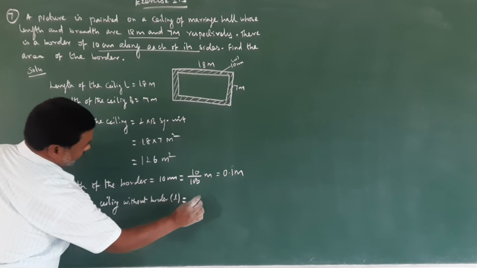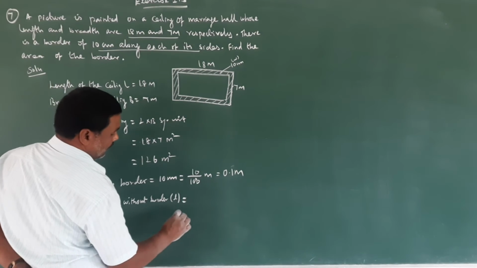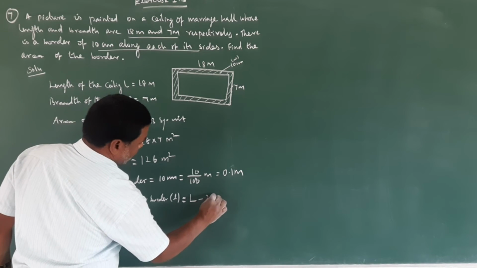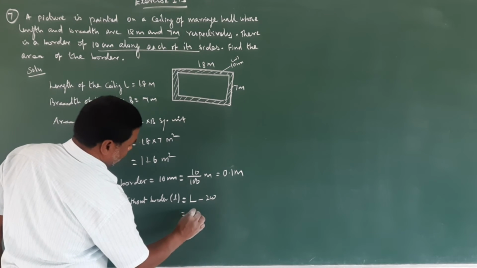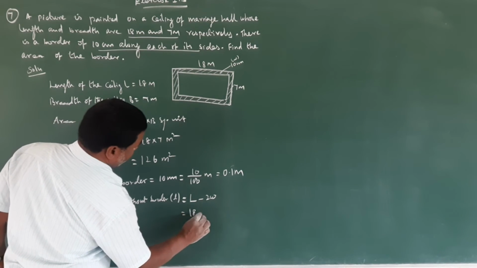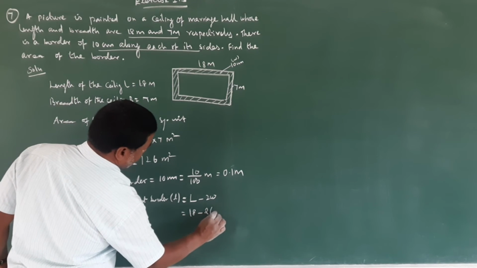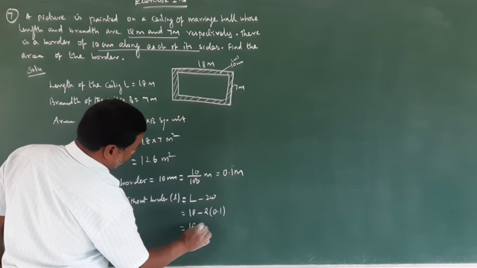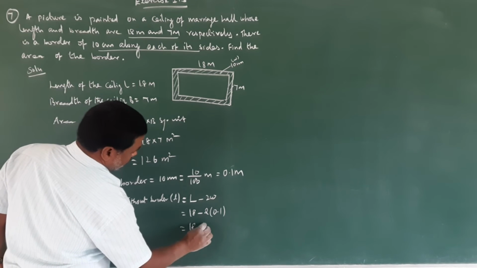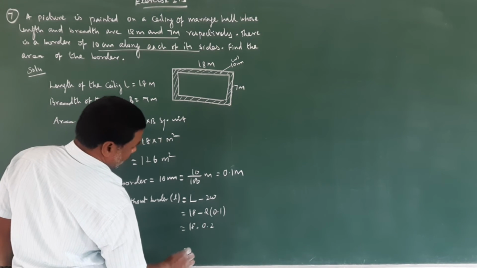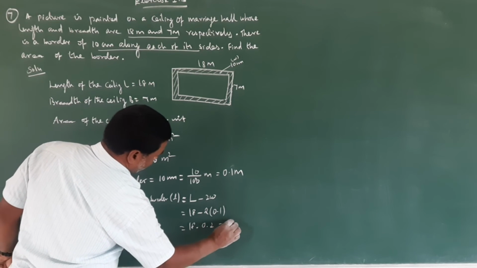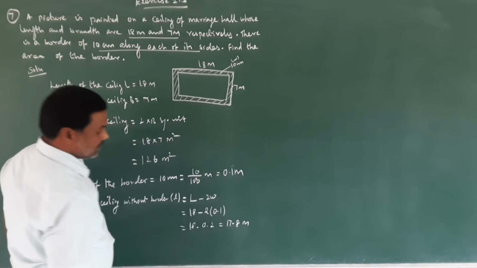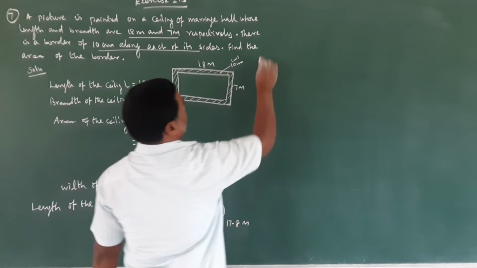Small l equal to capital L minus 2 width. Now capital L 18 minus 2 into 0.1. Now 18 minus 0.2. Now answer 17.8 meter.